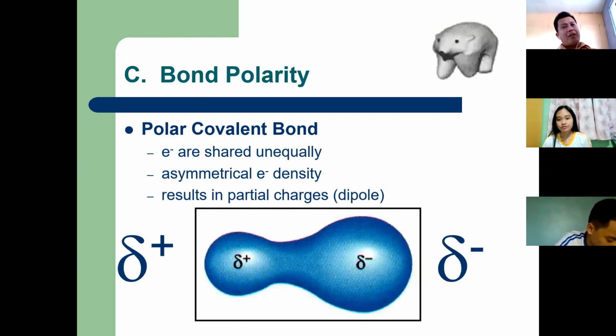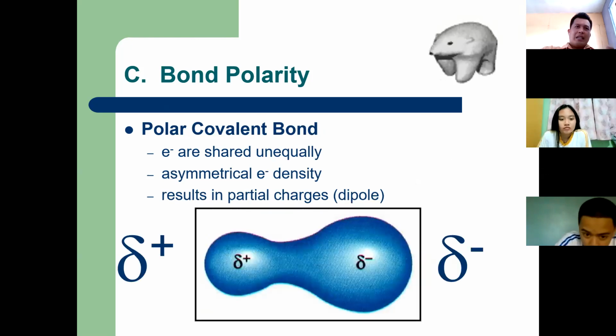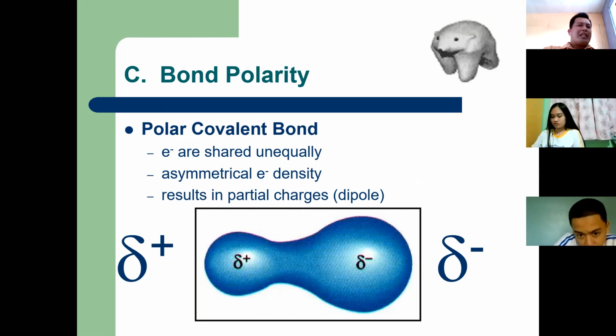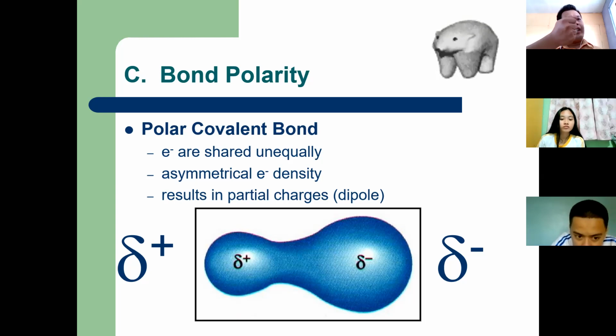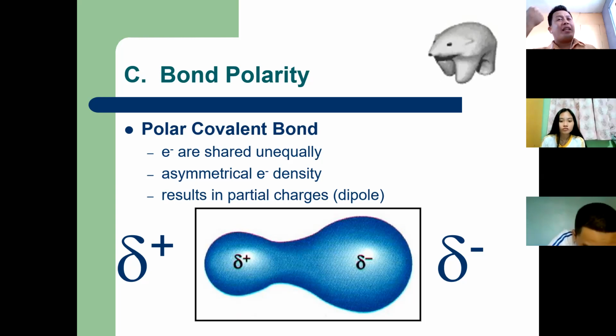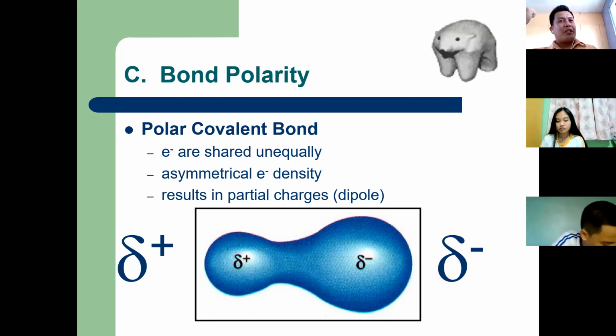This one is the dipole that I referred to a while ago, class. Slightly positive and slightly negative. So the structure there is a little bit stronger to the slightly negative because of the presence of more electrons. So there is a higher electronegativity between these molecules.